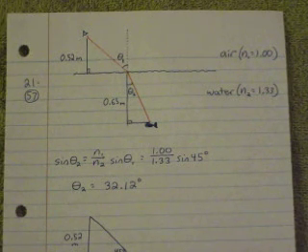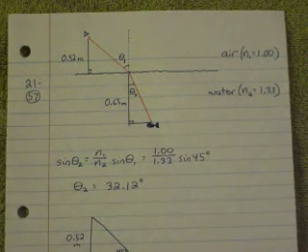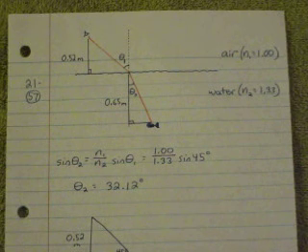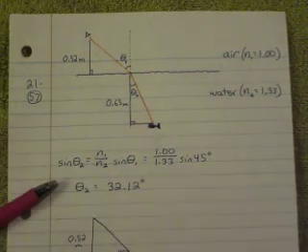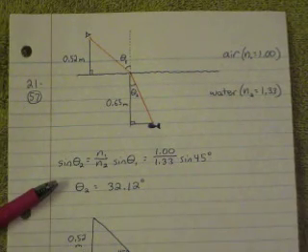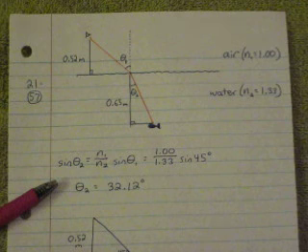So what we have is the same as the previous two problems, where we're simply looking at what is the angle theta 2 as it goes through the water. And so right here, I've solved for it. I've abbreviated it because the solution is pretty much the same one we followed in the last two problems. But you should get that theta 2 is 32.12 degrees.